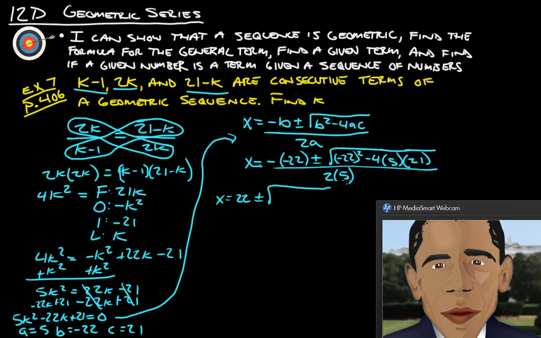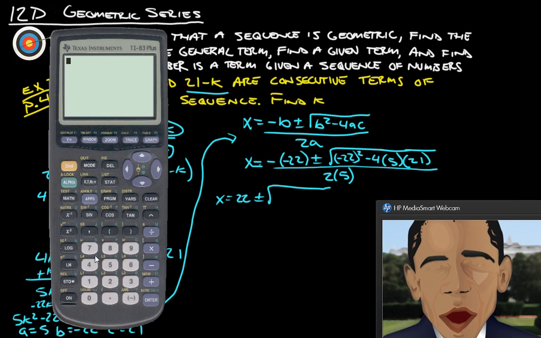Let's figure out what this all equals. We take negative 22 and square it, so it's basically just 22 squared, and then subtract 4 times 5 times 21.